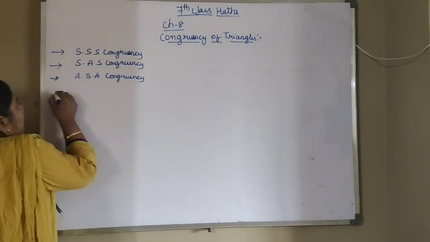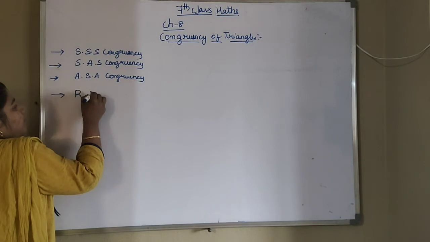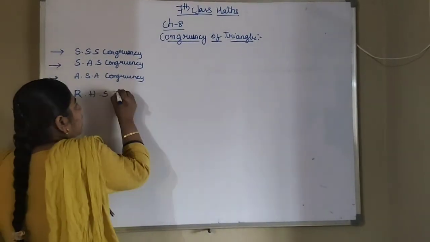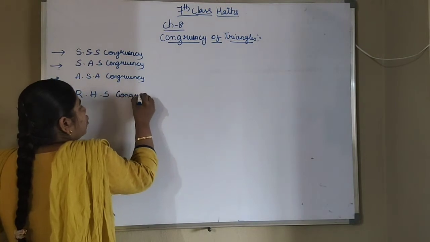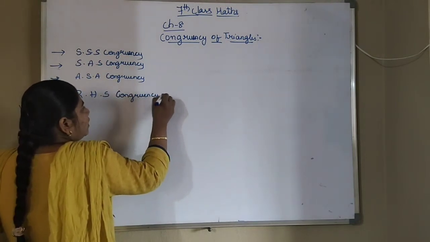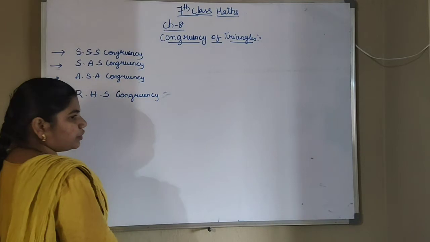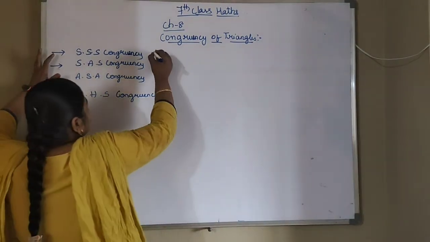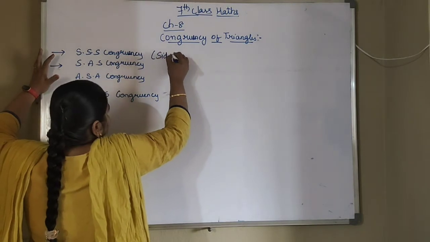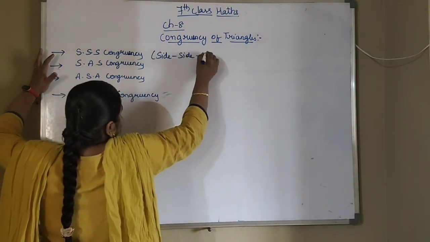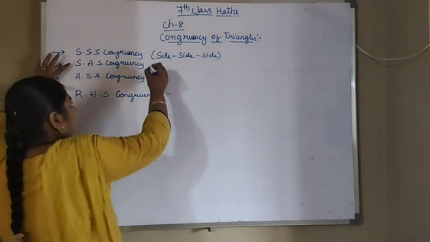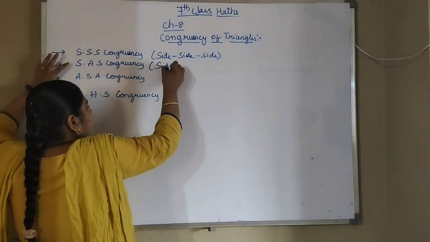Next one is RHS, right angle, hypotenuse, side. This is another congruency. So how many different types of congruencies are there? We have 4 different types. First is SSS, which is side, side, side. Next is SAS, which is side, angle, side.